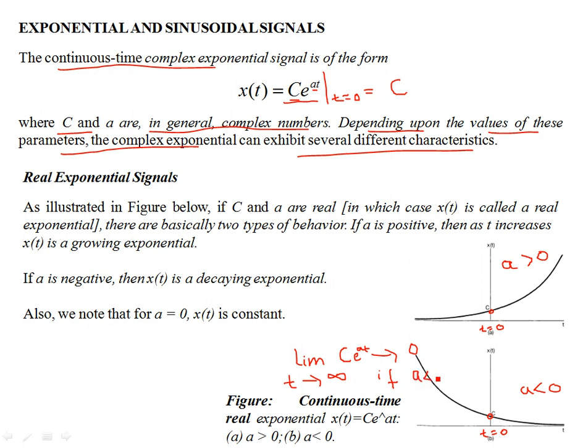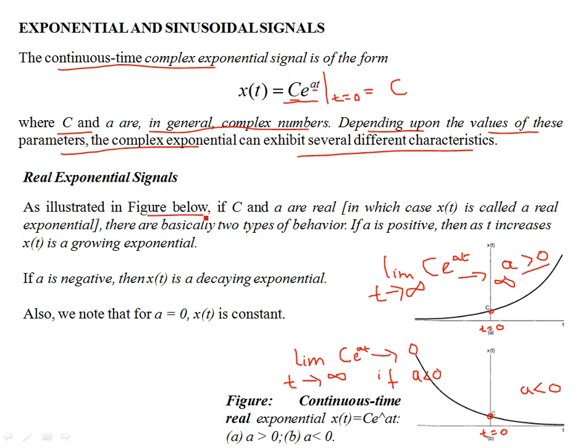For example, if c is 1 and a is minus 2, then e to the minus 2t, as t tends to infinity, t becomes a large quantity, and the exponential decay tends to 0 as the time progresses. Similarly, in the first case, as t approaches infinity, as the time progresses, your exponential grows. If a is real and positive, this tends to infinity.